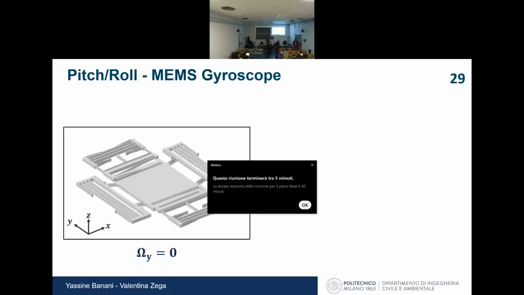And these elements are flexible, because we need the motion in the vertical direction. The same for this one. As you can see, this beam is flexible in this direction, because we want this to move along X, but it's very stiff along the Y direction, because when you move in the X direction, you activate the flexural stiffness. When you move in the Y direction, you activate the axial stiffness, which is much stiffer.